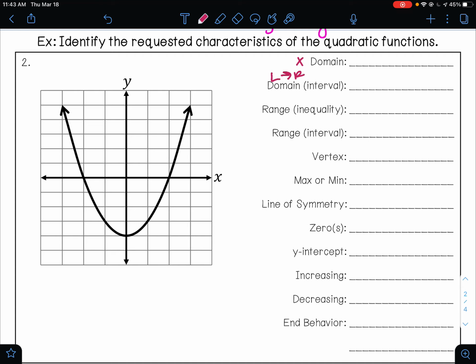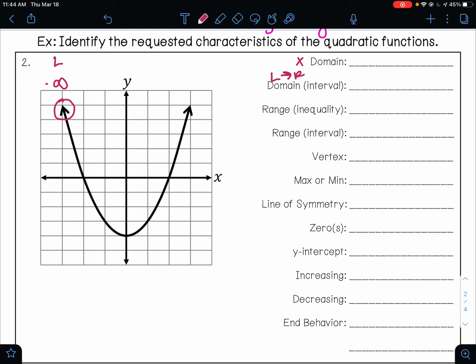So my furthest point to the left, well, my graph is going to the left forever. I can see that because I have this arrow here telling me that it's continuing in this direction forever. And so if I keep going to the left forever, my x values are going to get more and more negative, and so eventually I'll end up at negative infinity.